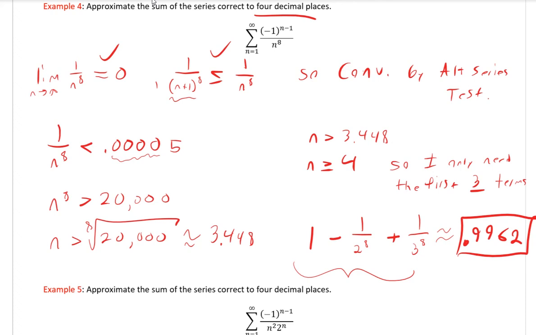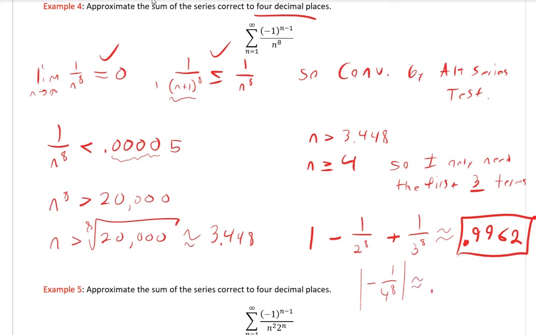If you even want to check, you can check to see what the 4th digit would be. That'd be the negative 1 over 4 to the 8th, or absolute value even. Just see what the 4th term would do. And if you do 1 divided by 4 to the 8th power, it's going to be 1.52 times 10 to the negative 5th.